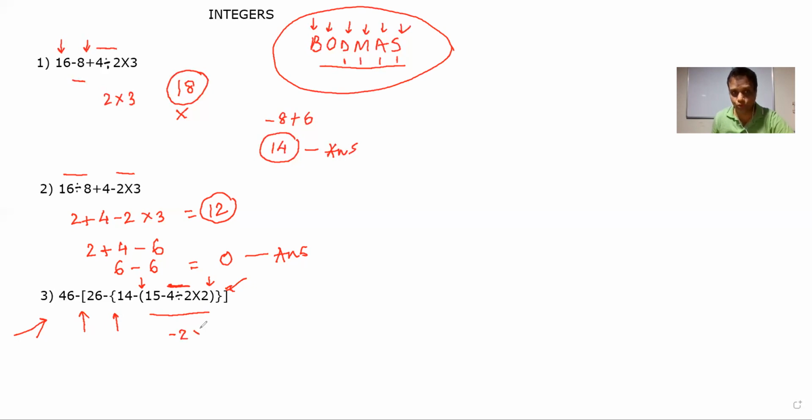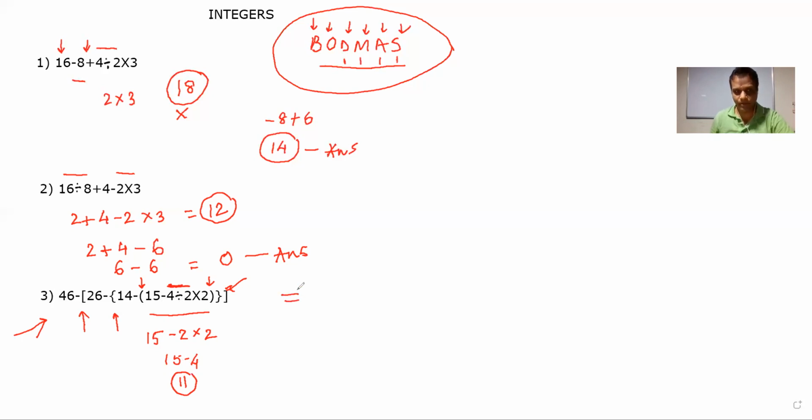Multiplied by 2 then, because we have to do multiplication. So minus 2 into 2 is minus 4. And then finally 15. So 15 minus 4 is what we get as 11. So inside this bracket, 15 minus 2 into 2, which is 4. So 15 minus 4 is 11.